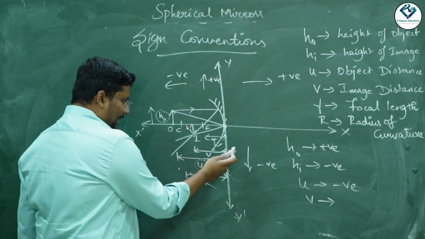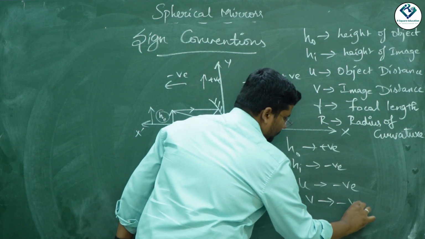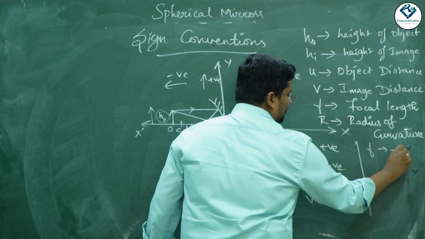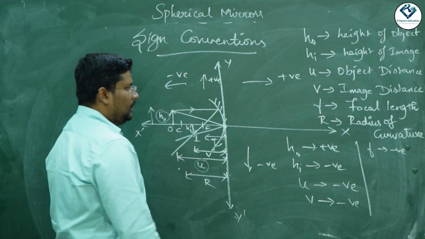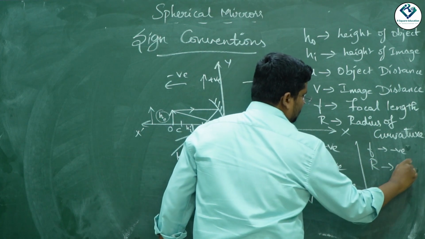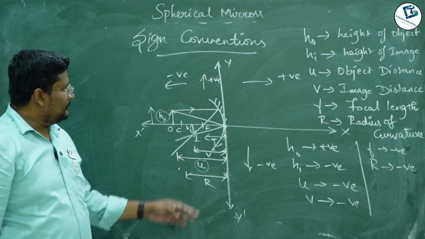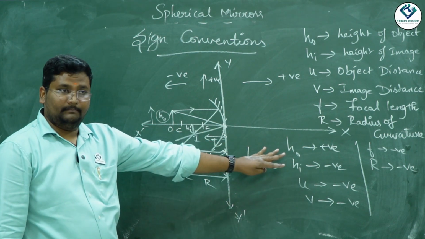Image distance is negative because it is along the negative x-axis. How about focal length? Again it is negative because it is along the negative x-axis. How about radius of curvature? Negative. Clear?